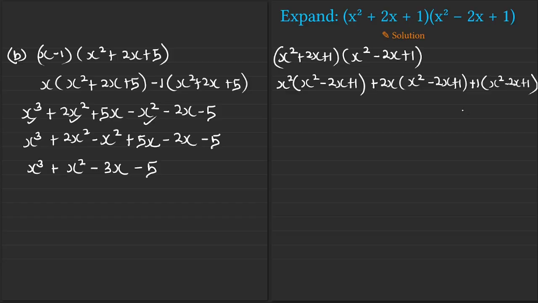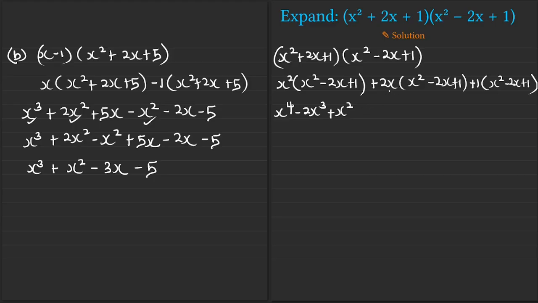With all of this, we then do our expansion. So x squared multiplies x squared to give us x to the power 4. Remember the laws of indices. When multiplying, we add the exponent. X squared times negative 2x gives us a negative 2x to the power 3. X squared multiplies 1 to give us x squared. 2x multiplies x squared. So we are now on the 2x.